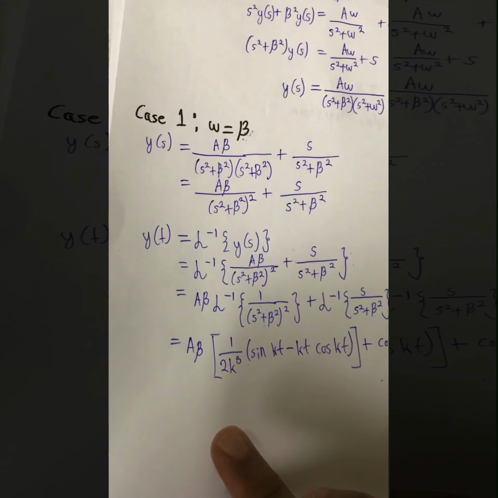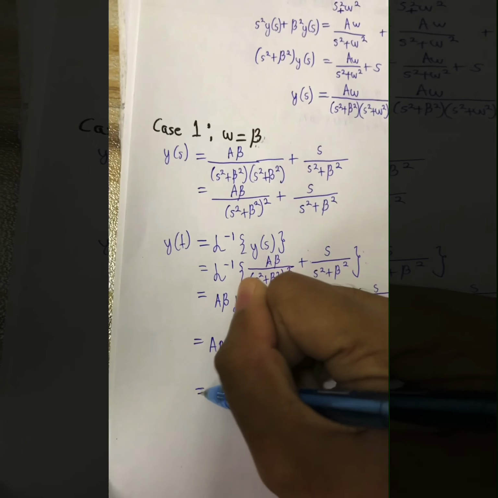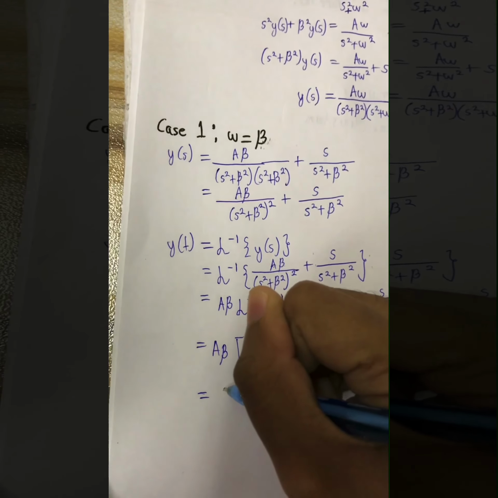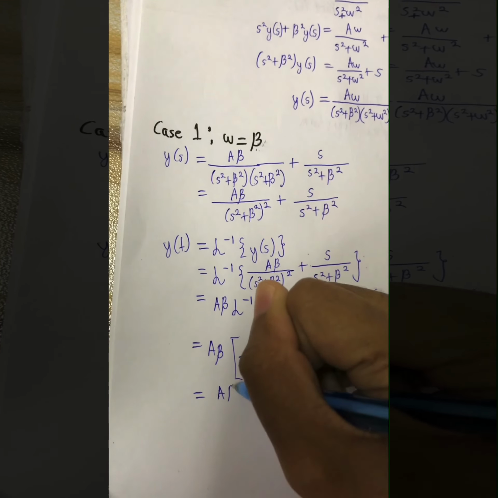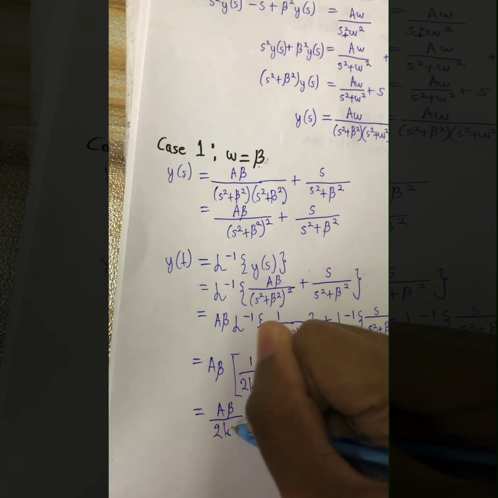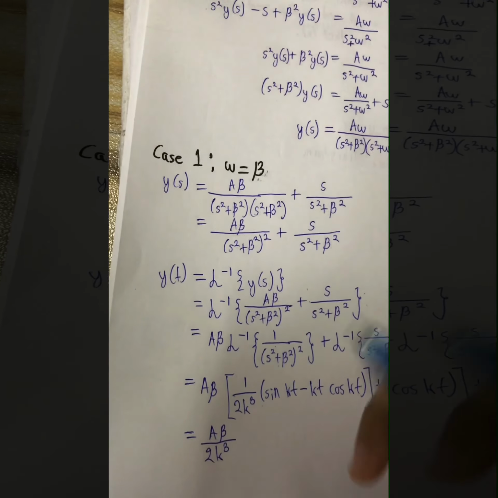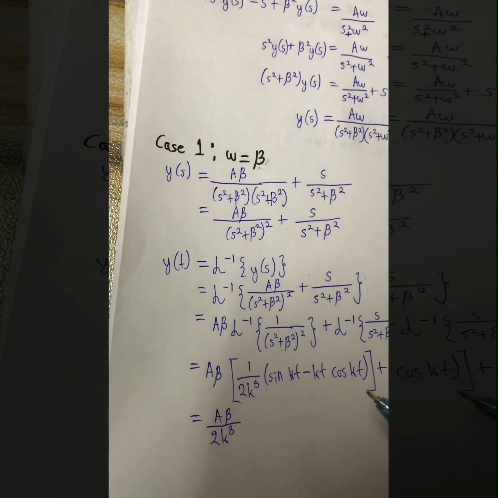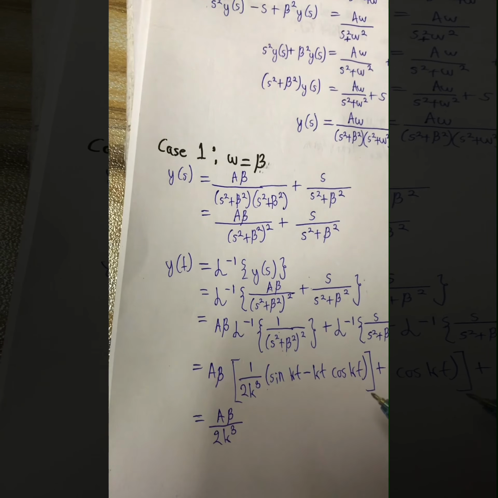So we just rewrite it in a proper form. So we get alpha beta over 2k cube.